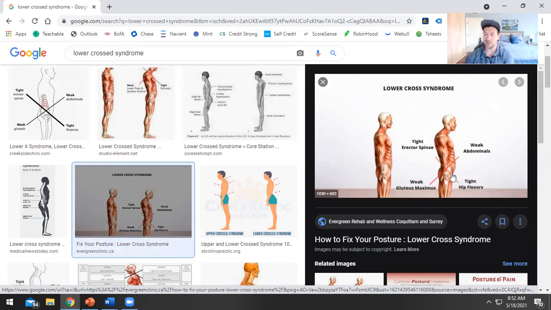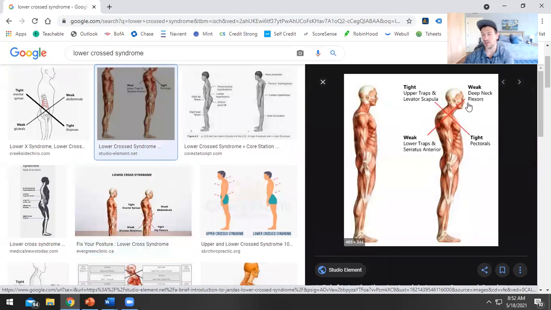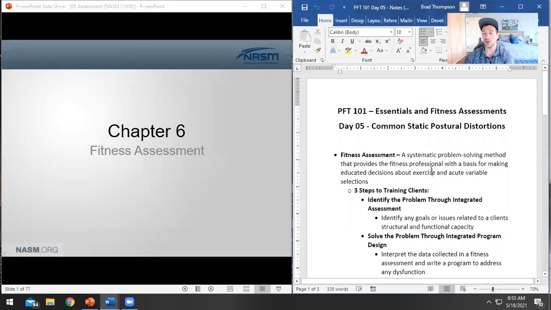So those weak abdominal muscles are falling forward and getting stretched out, and the low back is tightening up, the glutes are really, really weak, and the hip flexors are tightening up. And then that's often associated with upper cross syndrome, which is what we see here in the upper body. We see forward head posture, rounded shoulders, elevated shoulders, things like that. So those are the three big ones we're going to spend our time talking about today.